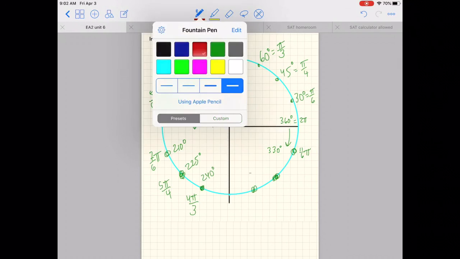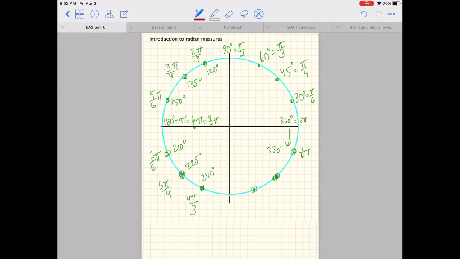If we were to instead try to go 45 degrees down from 360, we would be at 315. So remember 45 is pi over 4, and think of 2 pi as 8/4, so 8/4 take away 1/4 is 7/4 pi. 7 pi over 4 or 7/4 pi.